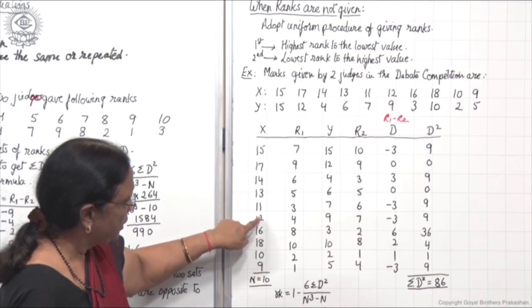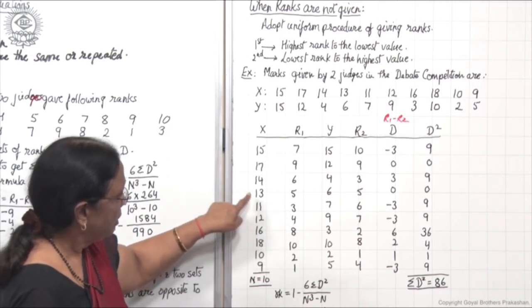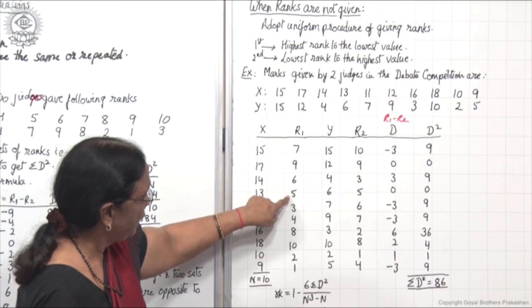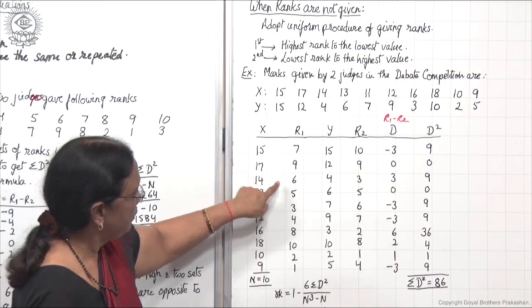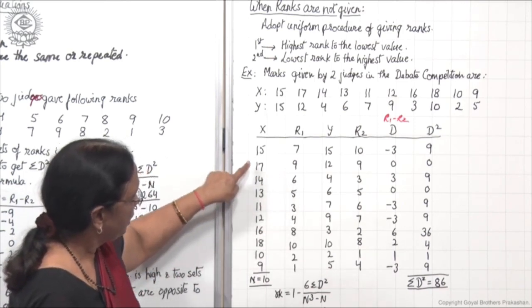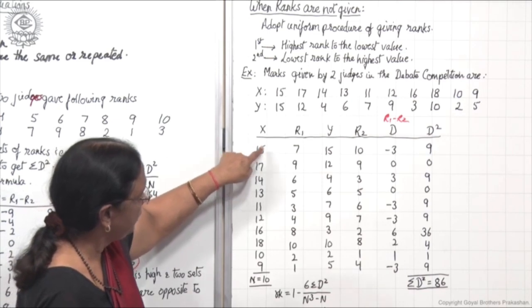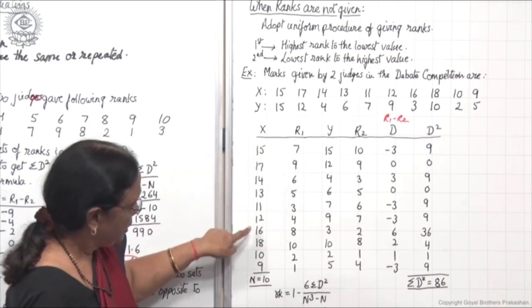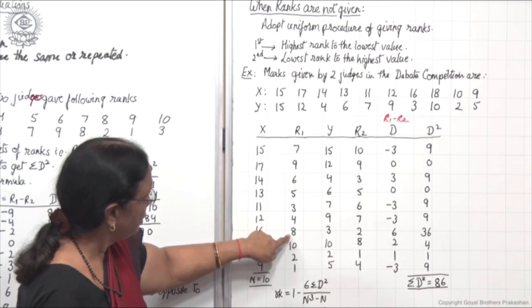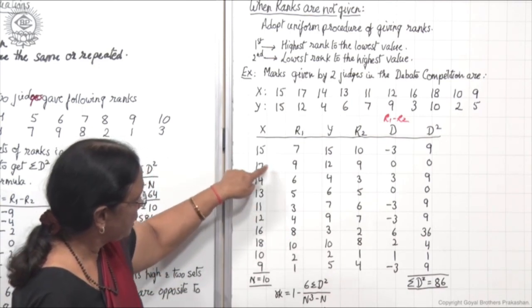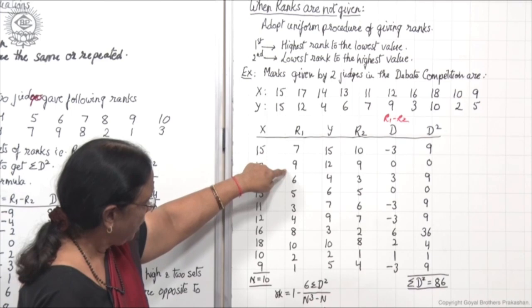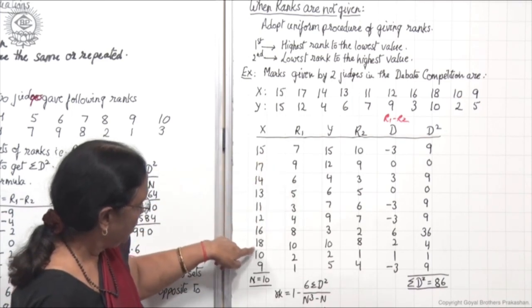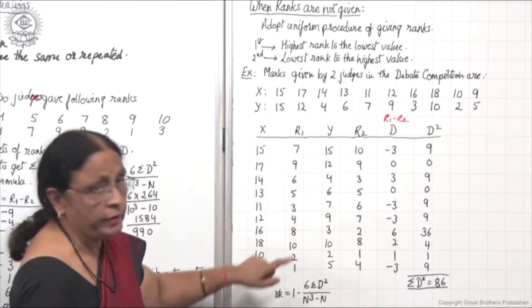Then 12 is given fourth rank. 13 is given fifth rank. 14 is given sixth rank. Then after 14, 15 is given seventh rank. 16 is given 8th rank, then 17 is given 9th rank, and then 18 is given 10th rank.